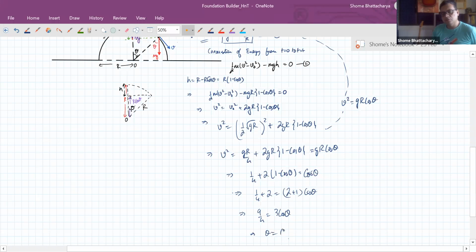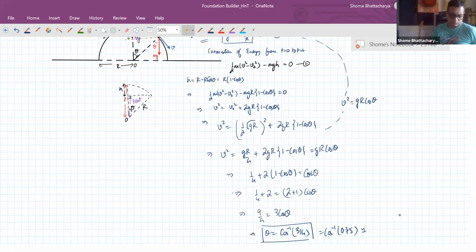So we have theta is equal to cos inverse of 3 by 4, or cos inverse 0.75, which if you calculate as an angle, it's about 41.4 degrees. But the answer given at the back is in cos inverse form only. So this is the answer.